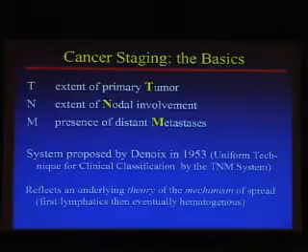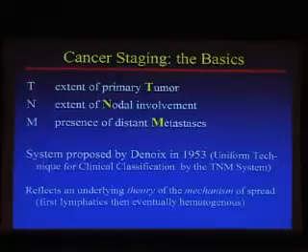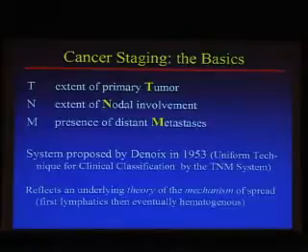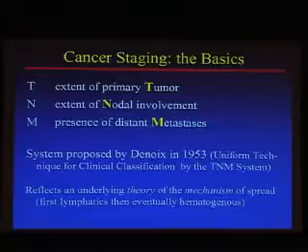So the basics of cancer staging is based on the TNM system that I think everybody knows was really proposed by Pierre Denoix in 1953, and that's been adopted for solid organ tumors for the most part, and really continues to be kind of the basis for staging.